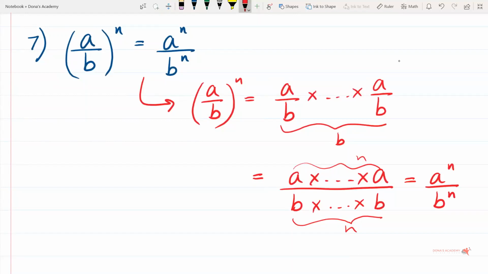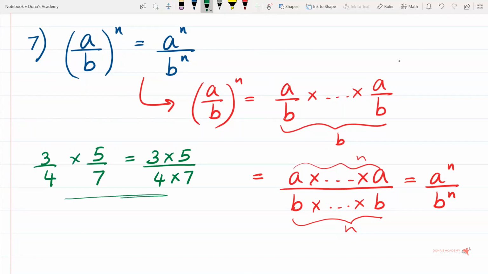Now, if you are not sure, let's take an example. If I have 3 over 4 times 5 over 7, then this is the same as 3 times 5 divided by 4 times 7, right? So it doesn't matter if we rewrite in this way. This is what I did here, so that's why we have this law.